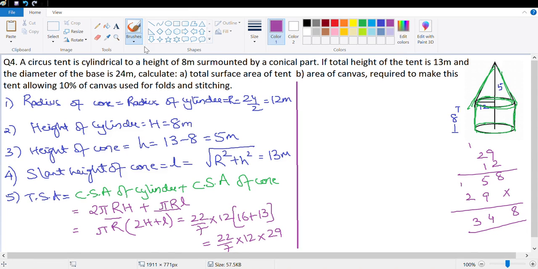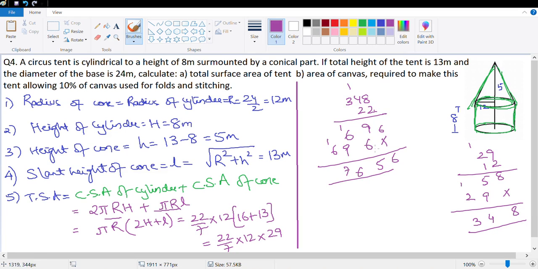Next is 348 multiplied with 22. That's 8 into 2, 16. 4 into 2, 8 plus 1, 9. 2 into 3, 6. That's 6, 9, 6 again. This is 6, 9 plus 6, 15. 10 plus 6, 16. And this is 7, 6, 5, 6. So the answer is 7656 upon 7.